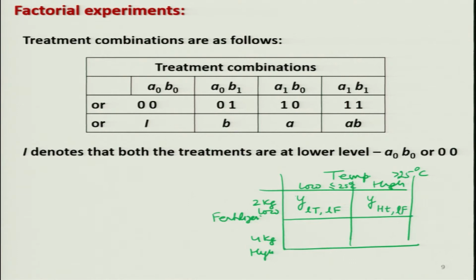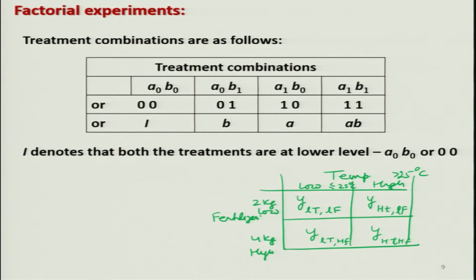And similarly, you can consider lower temperature and a higher value of fertilizer, and then you will conduct the experiment and obtain the y. And similarly, if you take high temperature and high fertilizer, then you obtain the value of y. So you will have another value of y.